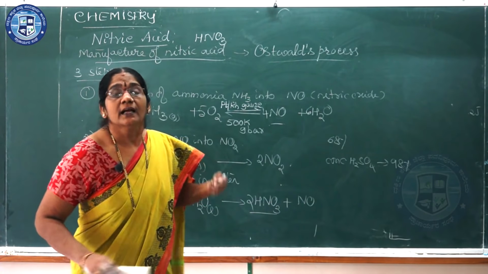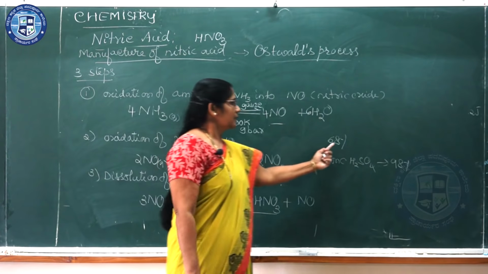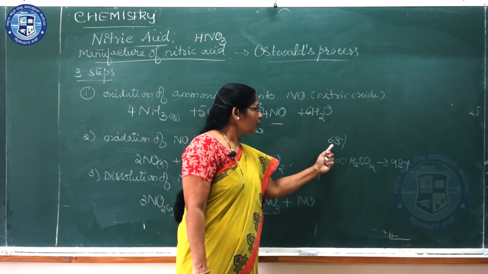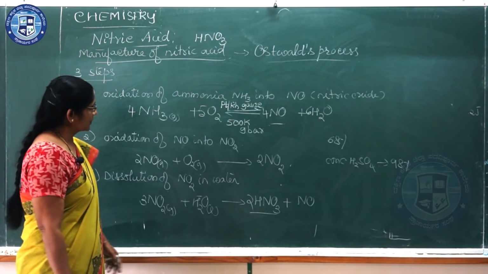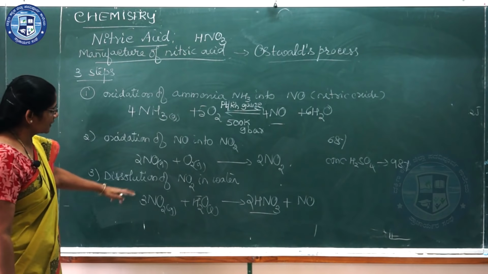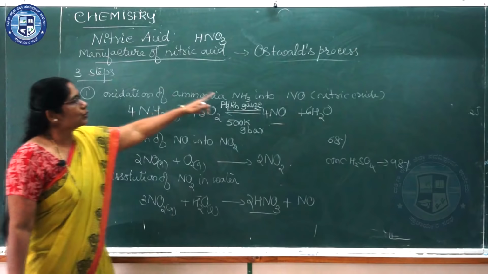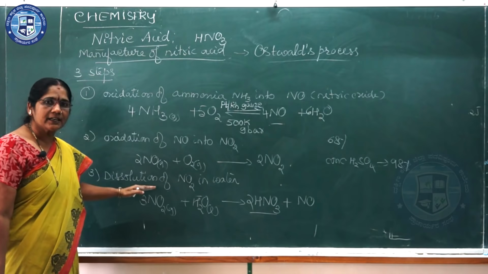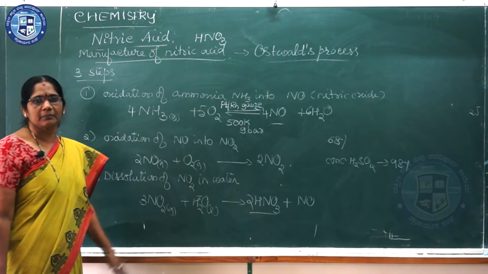So nitric acid around 98% can be obtained by using concentrated sulfuric acid as a drying agent for 68% nitric acid produced. So these are the 3 important steps used in the preparation of nitric acid by Ostwald's process. You will have to remember, you have to study, write these equations 5 times, 6 times till you remember all these numbers and values.